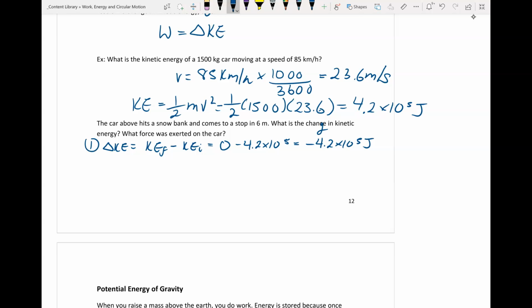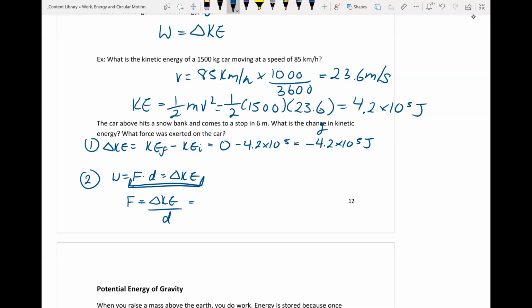Now, that was one part of the question. The second part of the question asks about the force. We know that work is force times distance, or that is a change in kinetic energy. So I'm going to use this part to help us find force by rearranging that. By dividing by d on both sides, we're actually going to calculate the change in kinetic energy over our distance.